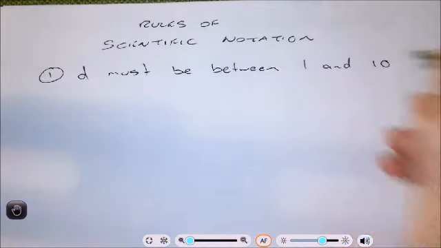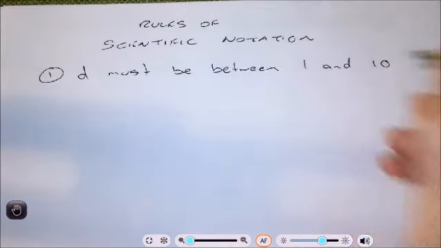Exercise 3. Is this scientific notation? Is D bigger than 1, less than 10? Yes, it is. 7.99, bigger than 1, less than 10. Is it multiplication? Yes. Is the base 10? Yes. Exercise 3 is scientific notation. Exercise 4. Check rule number 1. Is D bigger than 1 and less than 10?